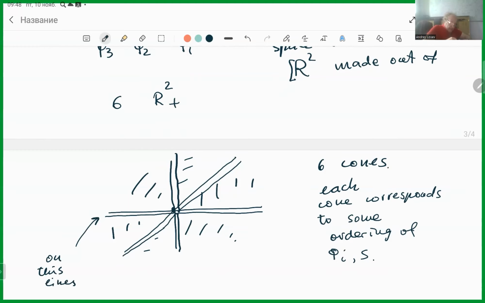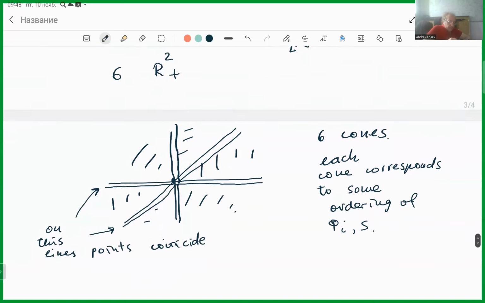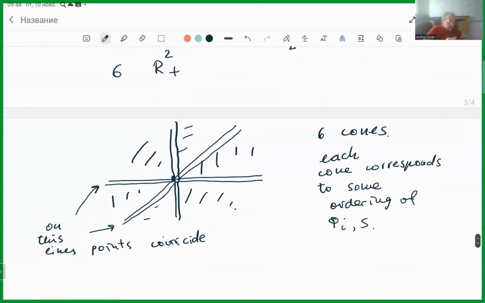On these lines, points coincide. It's kind of a standard picture.